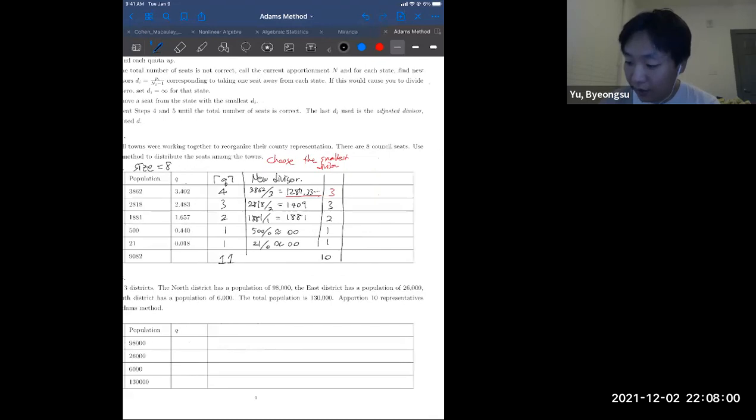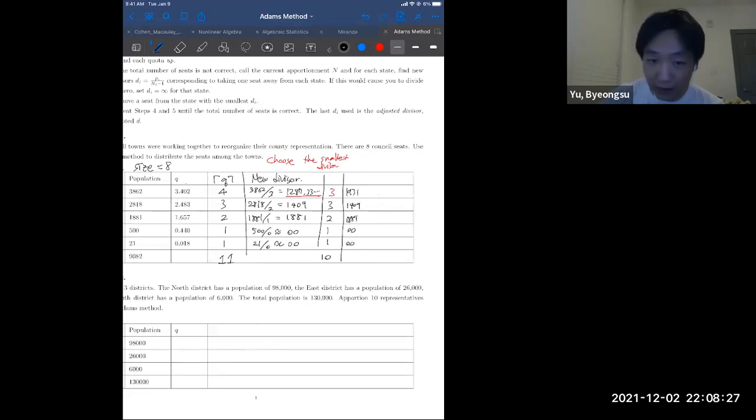And just repeat this process again. Here, all divisors are the same except A, because now the apportioned seat for A has changed. So your divisor for A is just 3862 divided by 2, which is 1931.